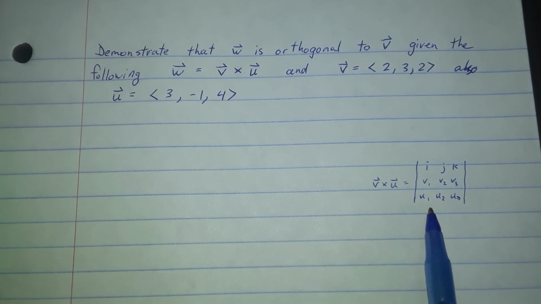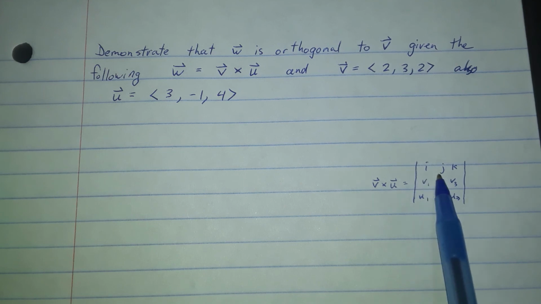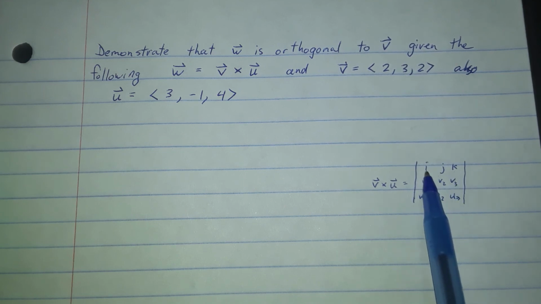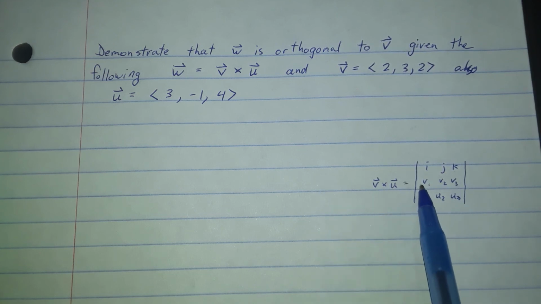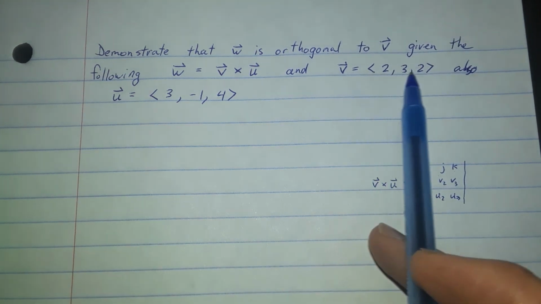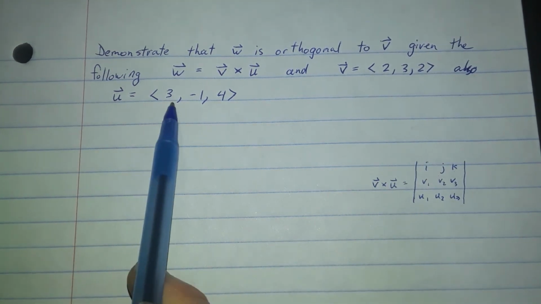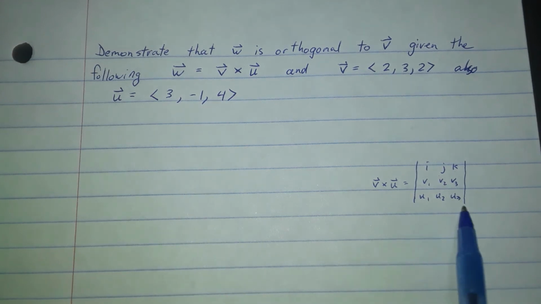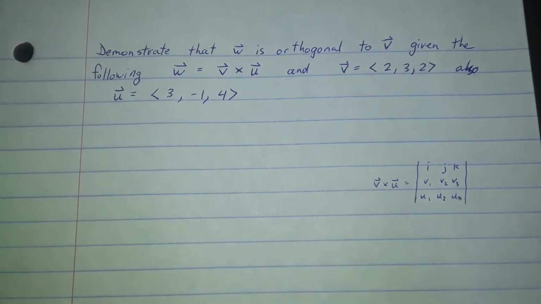And so I'm going to fill in the information. We want to create a matrix with i, j, and k in it. These are going to represent component pieces of a vector, the final vector, w. Each of these components here are going to be substituted into here, and each of these components here are going to be substituted into here to create this vector.